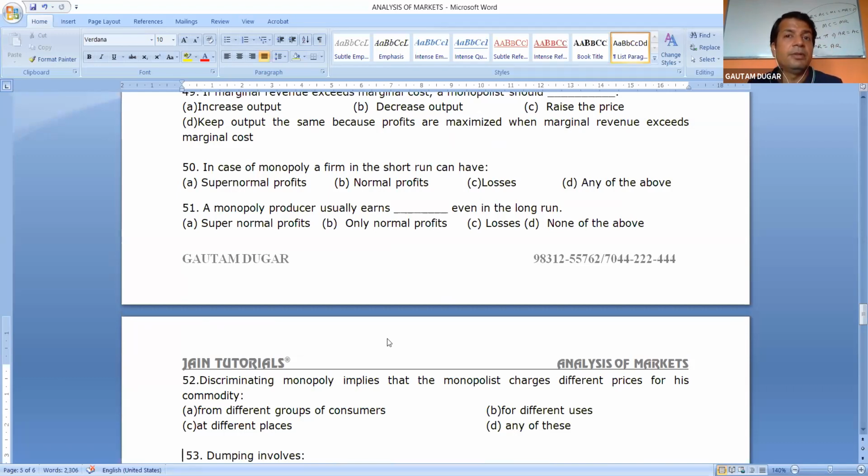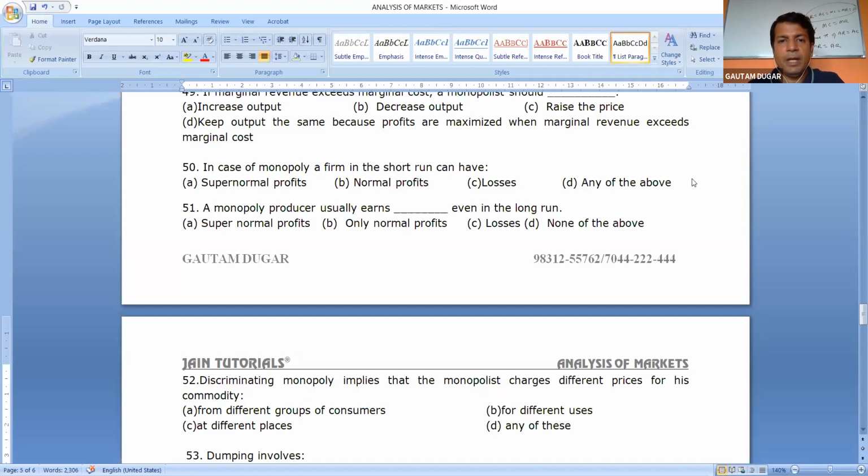But remember, they may earn normal profit, or they may also incur losses. So a monopoly firm in the short run may have any of these: supernormal profit, normal profit, losses. Any of the above is possible. So 50, the answer is D.